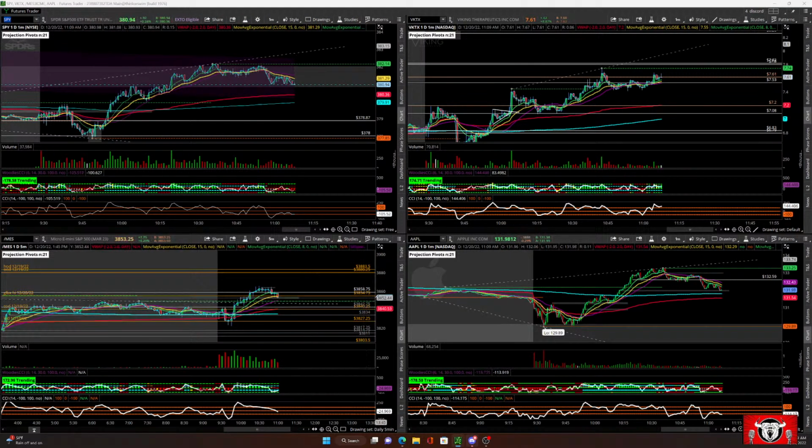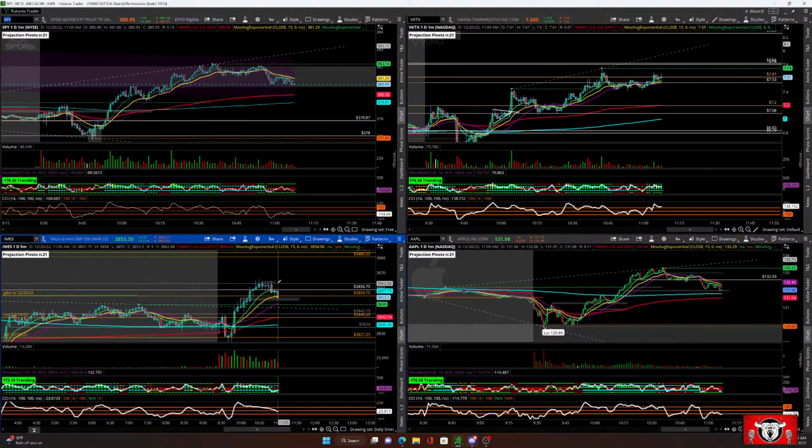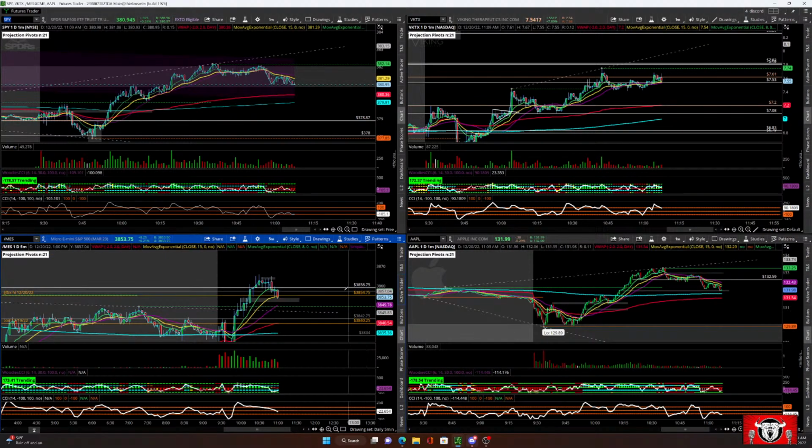Although on the 5-minute, look at all these wicks, man. It can set up for a bullish measure move here, but it's kind of that sketchy feeling that both Sig and I had on this. And you've got to get back past this Globex high and back into this level here.